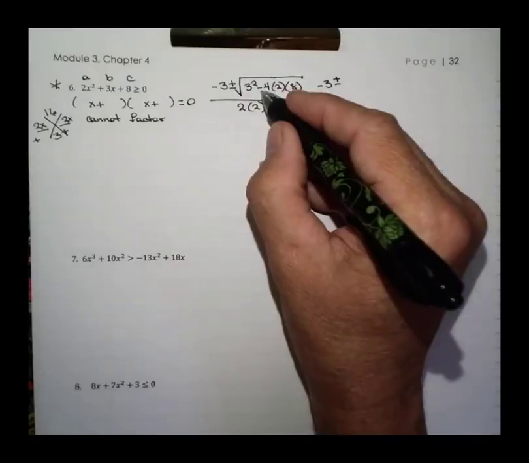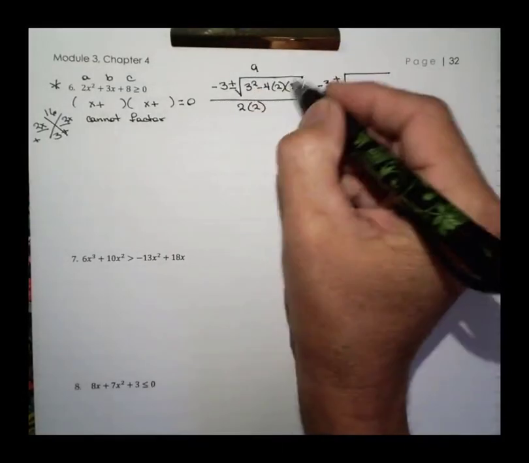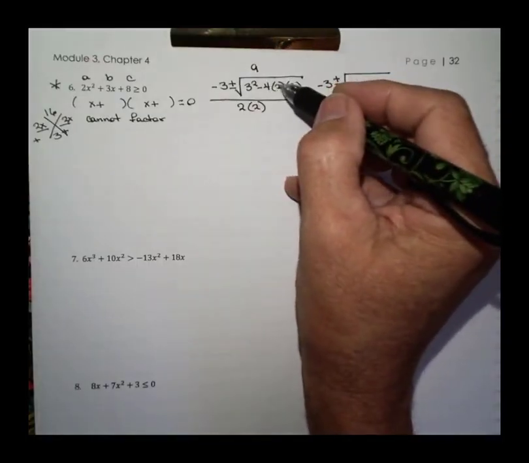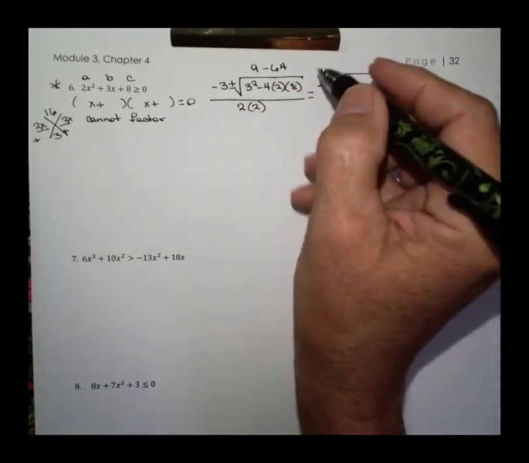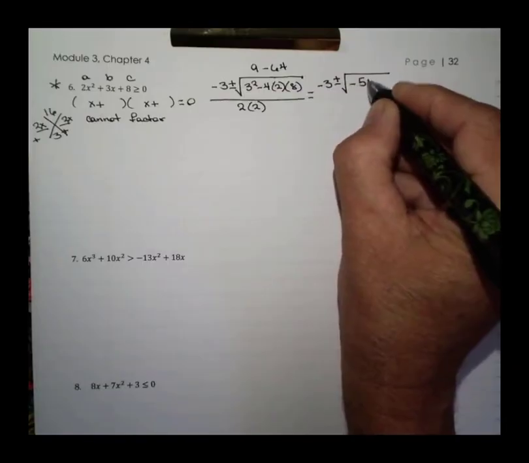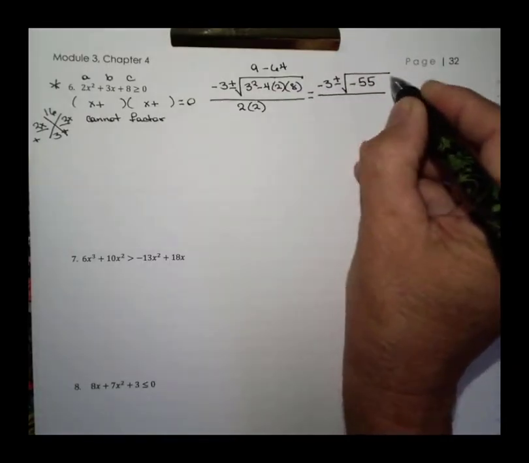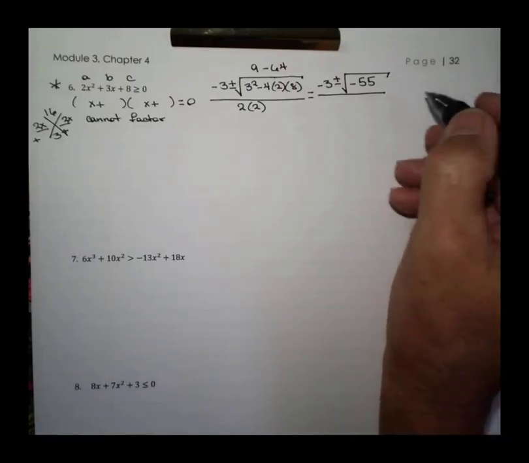And when I look at all of this under the radical, what I have is 9, and that's going to be negative 8 times 8, minus 64. Well, 9 minus 64 gives me a negative number, negative 55. And that's where my first alarming note comes in, because I know the square root of a negative is going to give me an imaginary number.